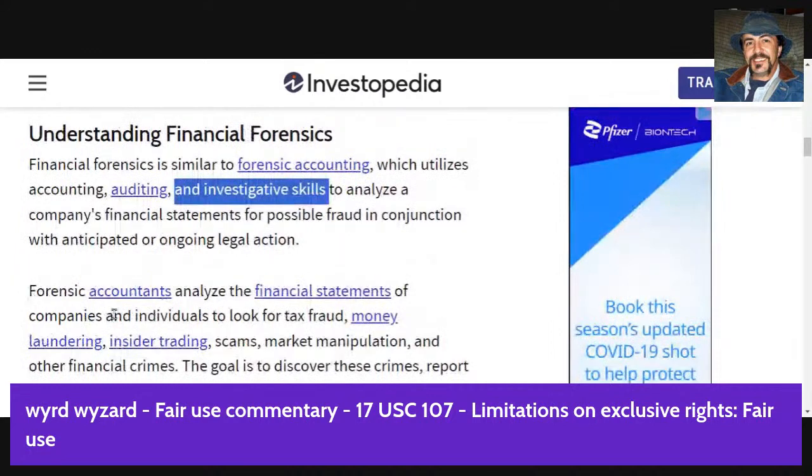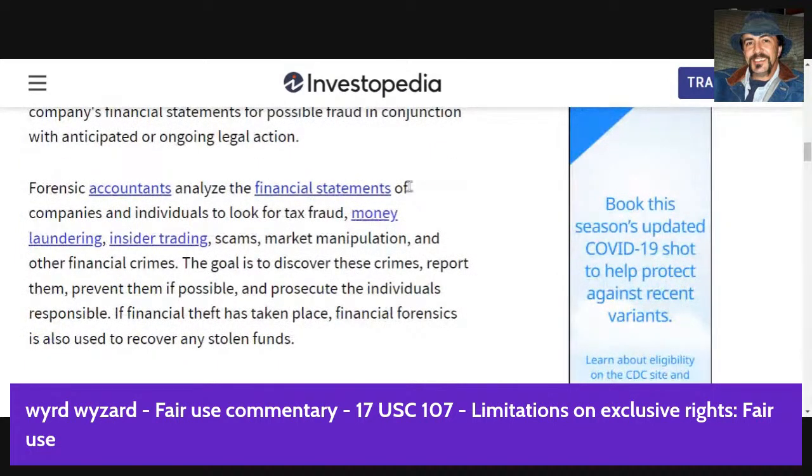Forensic accountants analyze the financial statements of companies and individuals to look for tax fraud, money laundering, insider trading, scams, market manipulation, and other financial crimes known as unlawful conversions.